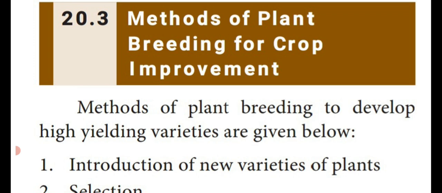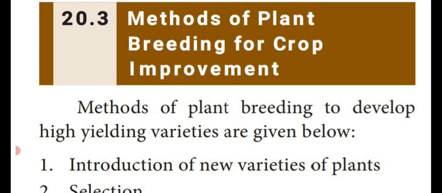By increasing this nutritional quality, we are producing different crop varieties, isn't it? How can we produce those crop varieties? Those methods are said to be plant breeding methods for crop improvement.